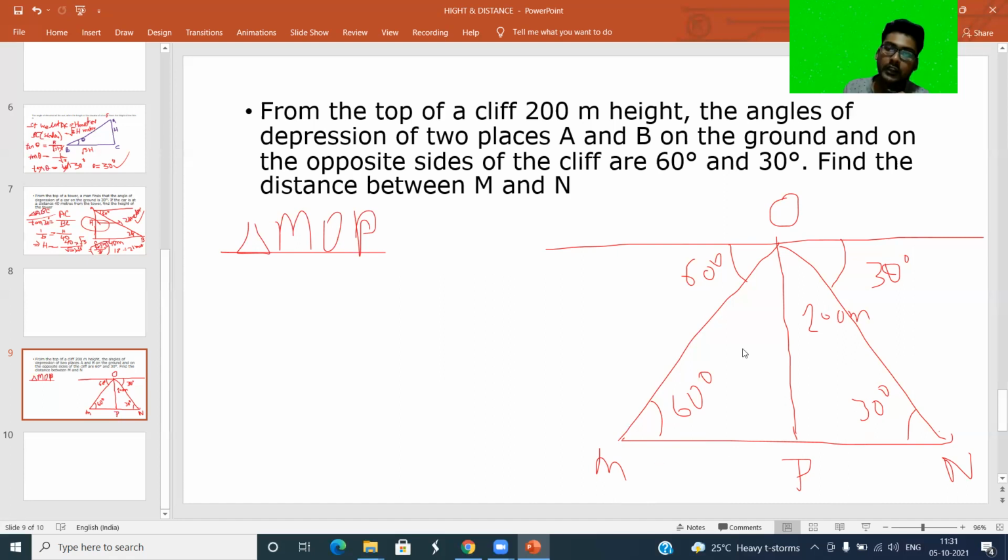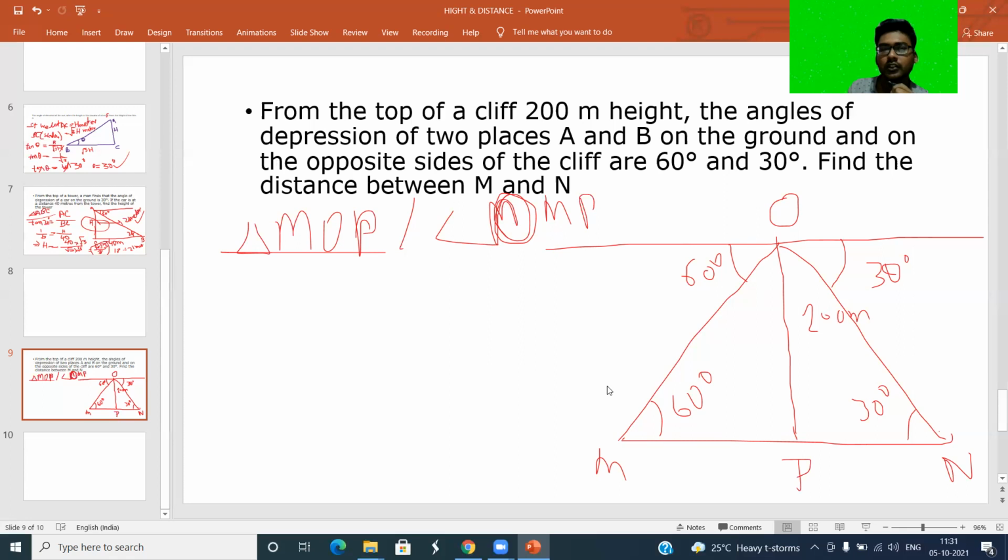Okay. In this triangle MPO, if we need to take angle OMP, we need to write this sequence OMP. If we need to take an angle, then OMP.